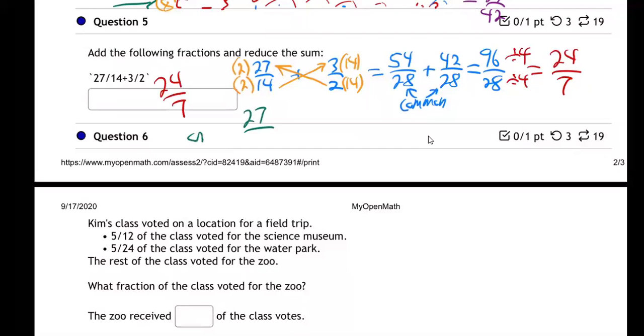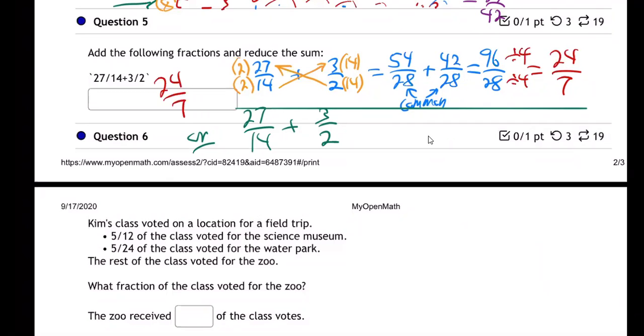So I'll say or. So if instead we wanted to keep the numbers a little smaller, we could do the common denominator method, the least common denominator, instead of multiplying by the other denominator.